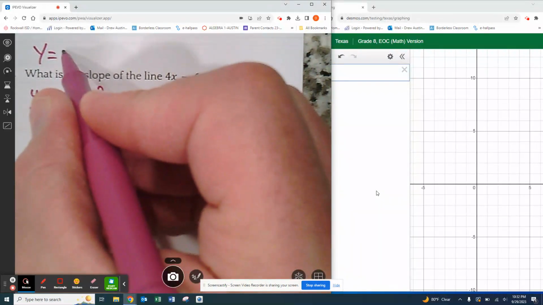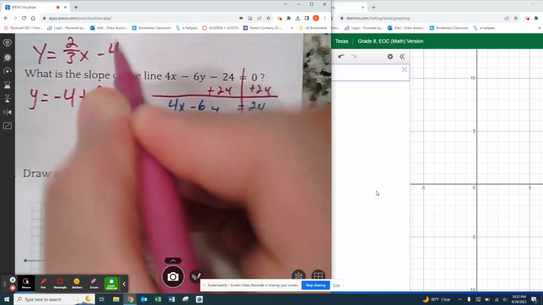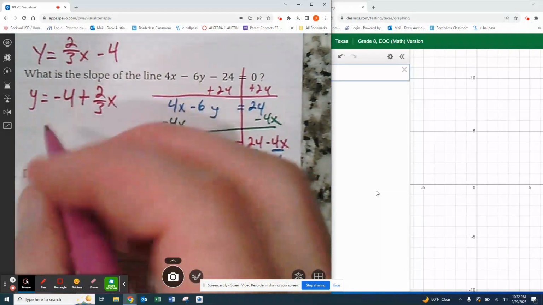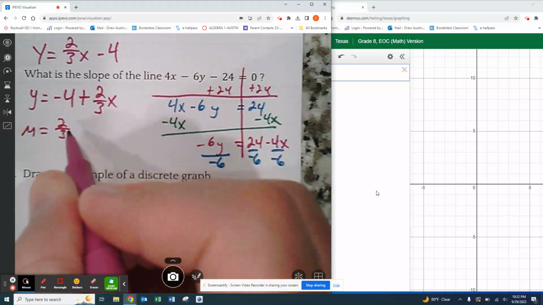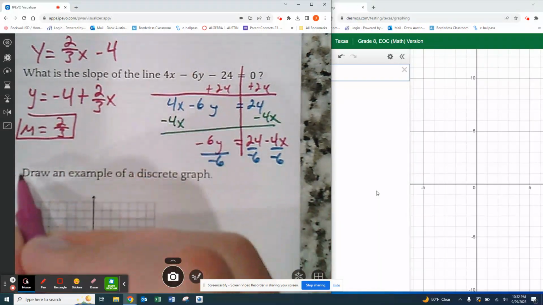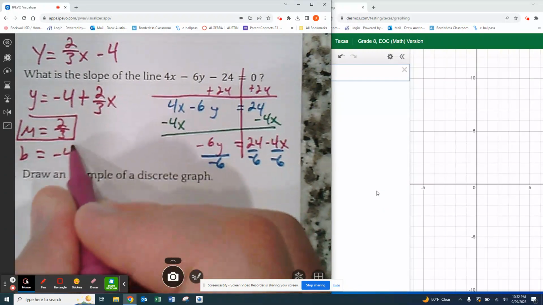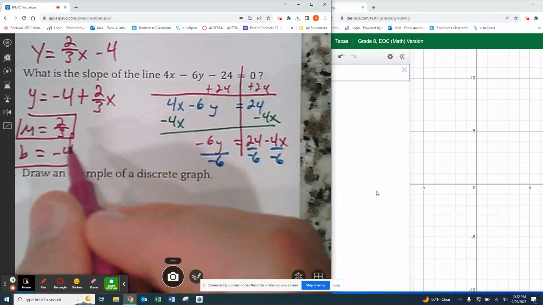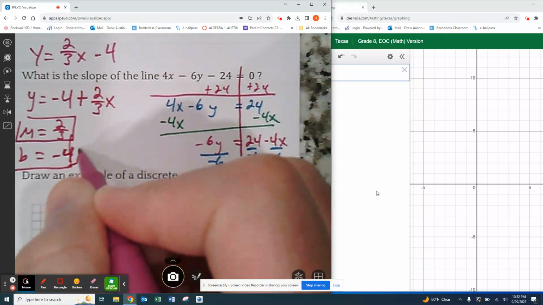So that's my equation, 2/3 x minus 4. So therefore, my slope is 2/3, and my y-intercept is negative 4. Oops, sorry. Kind of cut it off there.